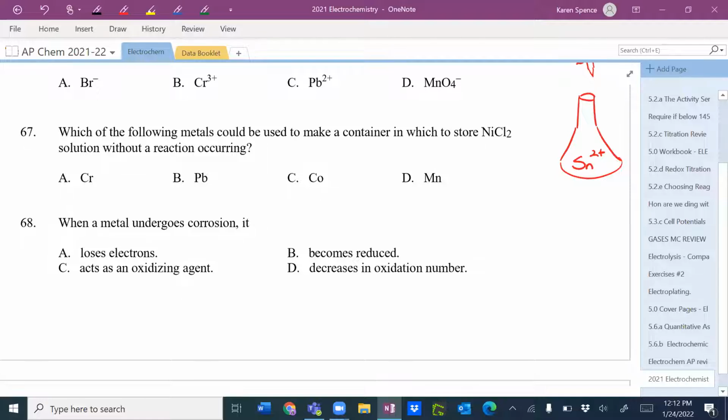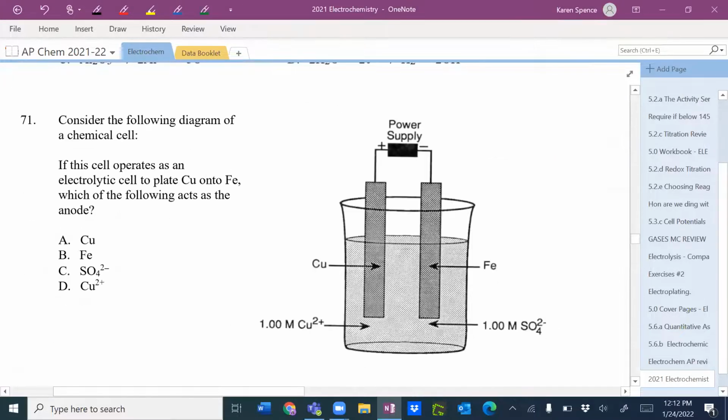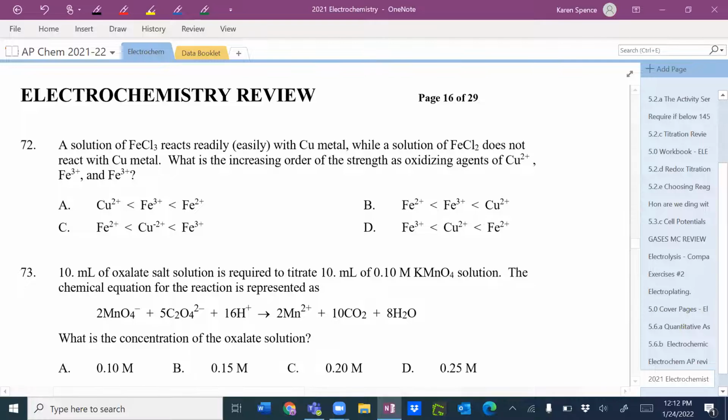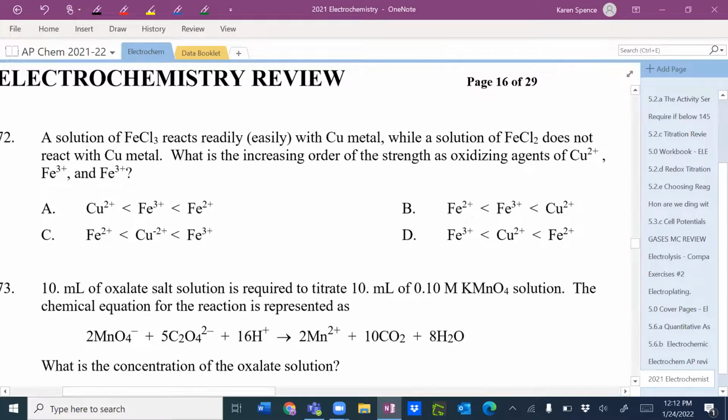We were on 60 something, so now we're on 72. So we're doing 72 to 75. Here we go. A solution of FeCl3, which really means Fe3+, reacts with copper.